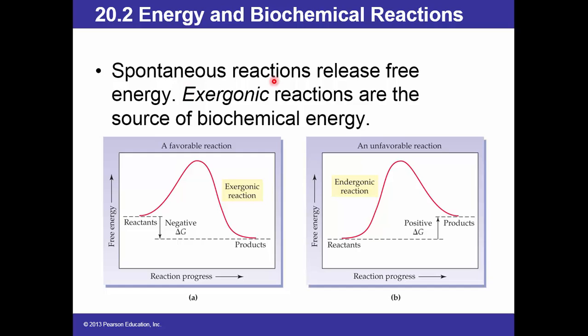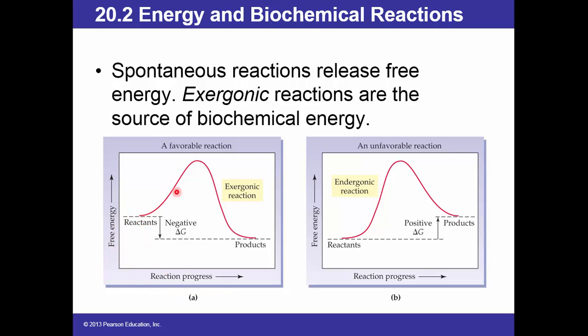Now, spontaneous reactions release free energy. Exergonic reactions are the source of biochemical energy. All combustion reactions are spontaneous, so they release energy, and we call them exergonic reactions. Here we have two types of energy diagram: free energy versus reaction progress.